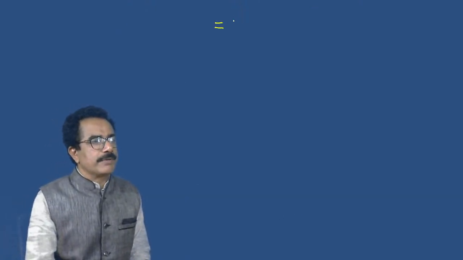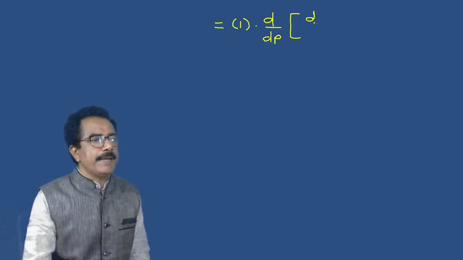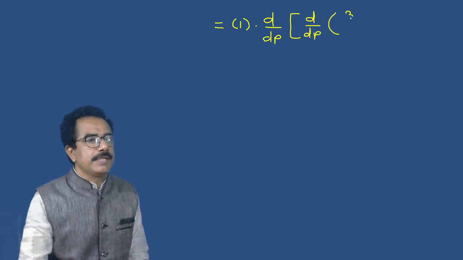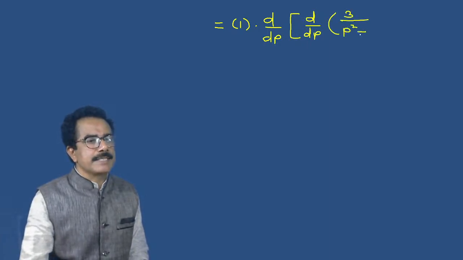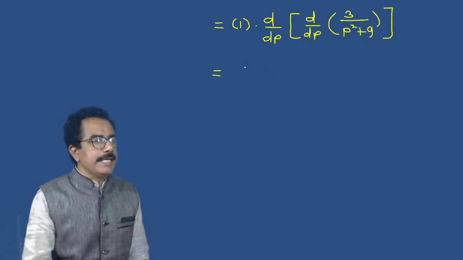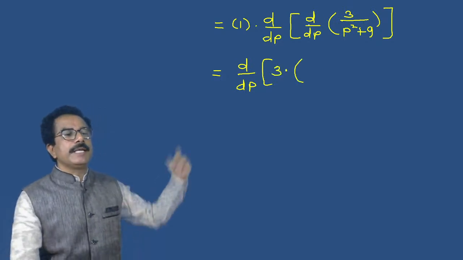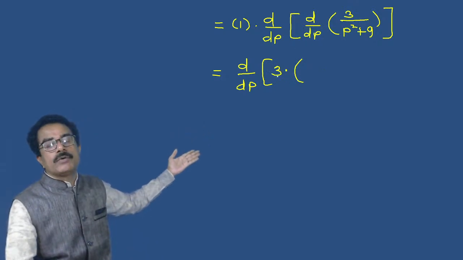So we can write plus 1 into d by dp of, again d by dp of the first order derivative, 3 divided by p square plus 9. That means d by dp of, keep this 3 as it is. 3 is a constant coefficient, so keep it out of this derivative.